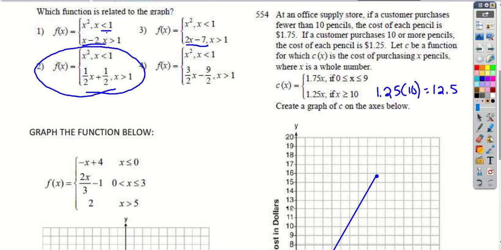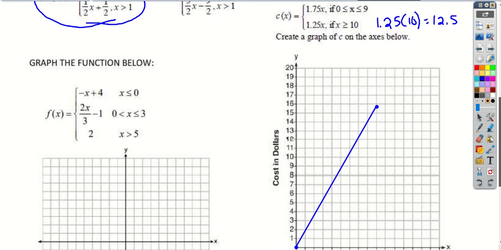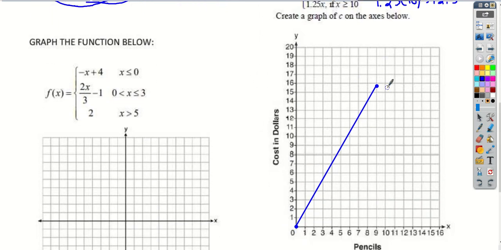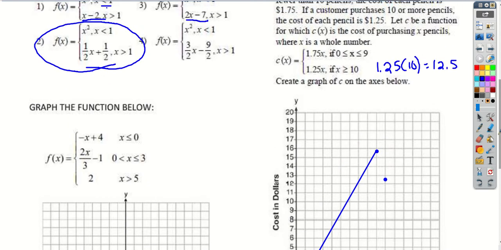So at 10, which is right here, and then we're going to go to 12.5, and I got another dot. All right, so here, if we plug in 1.75 times 0 is equal to 0, and then 1.75 times 9, and that's where we came up with 15.75.